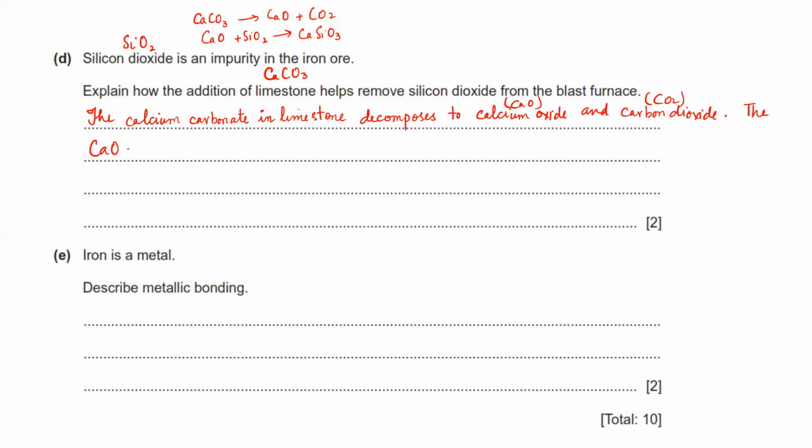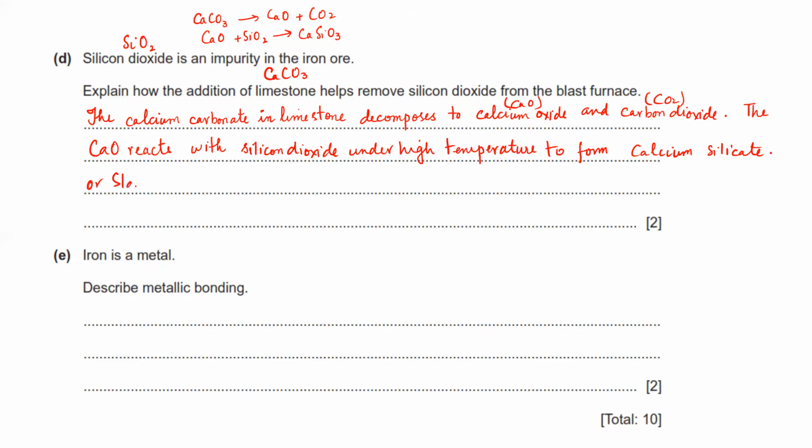The CaO reacts with silicon dioxide under high temperature to form calcium silicate, or slag. This is called slag.